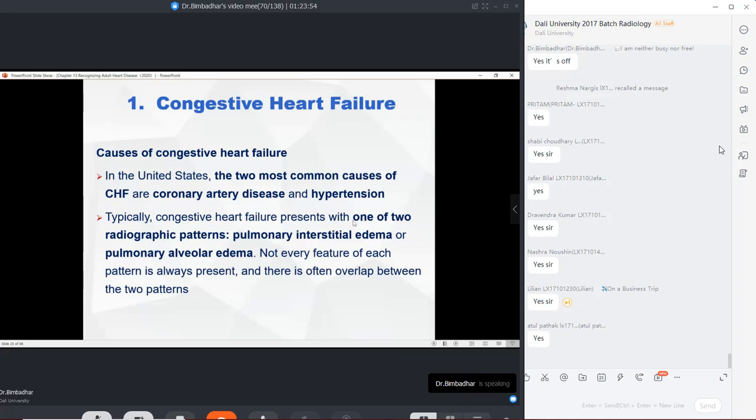But not every feature of a pattern is present, and often these two patterns overlap. So it can be either pulmonary interstitial edema, alveolar edema, or a mixture of both. Okay, so what is the reason behind it? It is coronary artery disease and hypertension. So together we are calling it congestive heart failure.